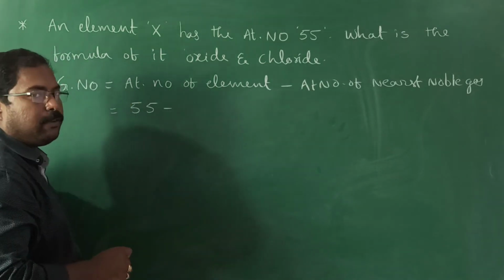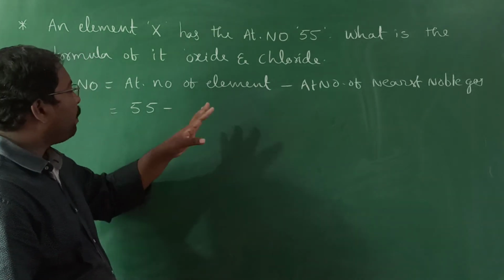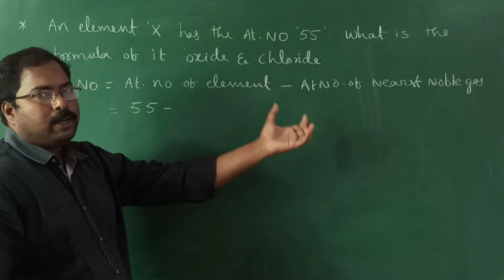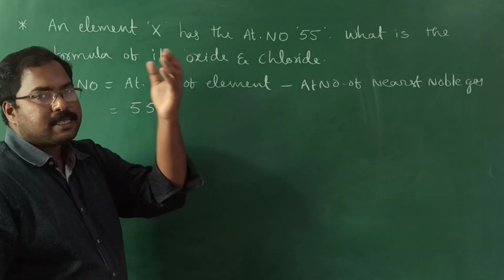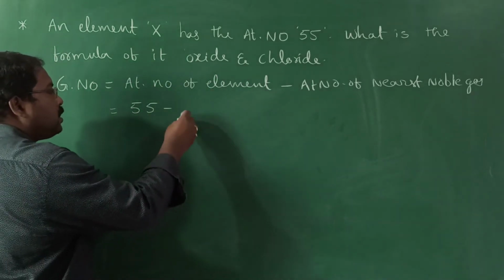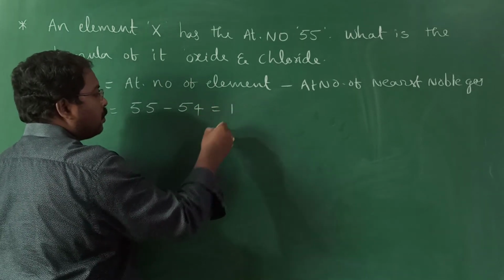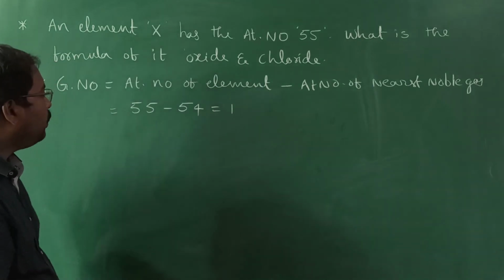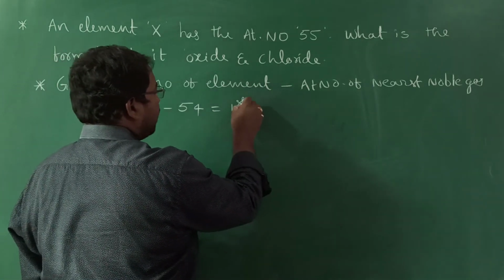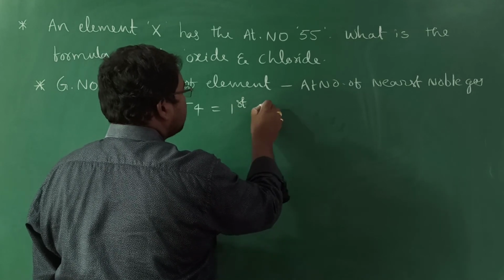The nearest one, if you observe, what will be? 2, 10, 18, 36, 54. So the nearest noble gas is 54. So it belongs to first period. Sorry, first group.